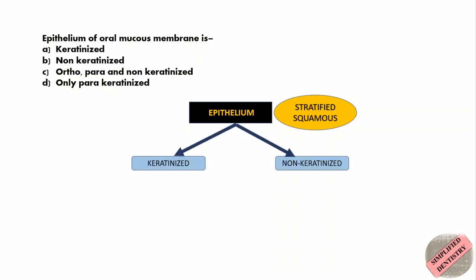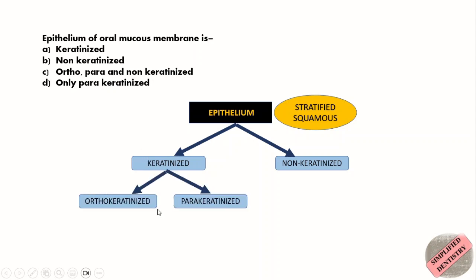And when keratinized, it can be either orthokeratinized or parakeratinized. So, the answer will be ortho, para and non-keratinized. So the epithelium of the oral mucous membrane is orthokeratinized, parakeratinized or non-keratinized.